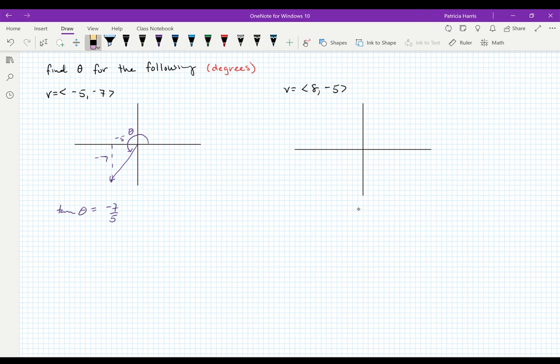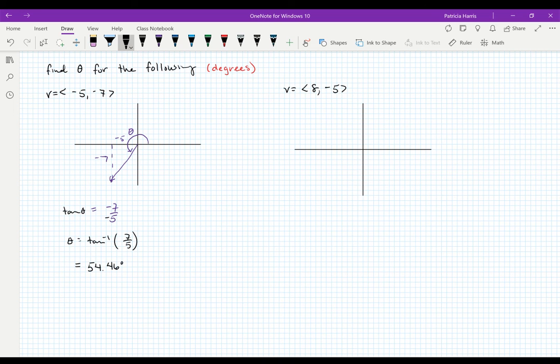Now I'm going to use my calculator and find theta using the tangent inverse. Type that in. My calculator kicks out 54.46 degrees.